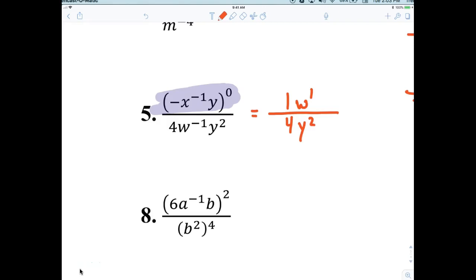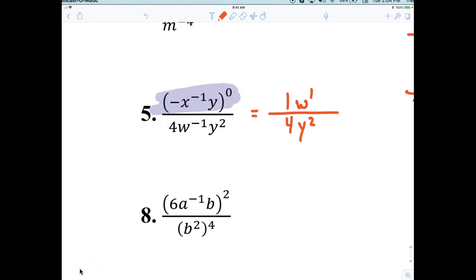So that whole quantity is what? 1. The purple that's highlighted is a 1. Anybody have any questions with why it's 1? Speak up now. So I can tell you anything to the 0 power is what? 1. Now, the only thing with the negative exponent is what letter? W. So I moved it from the bottom. That's how simple that is.